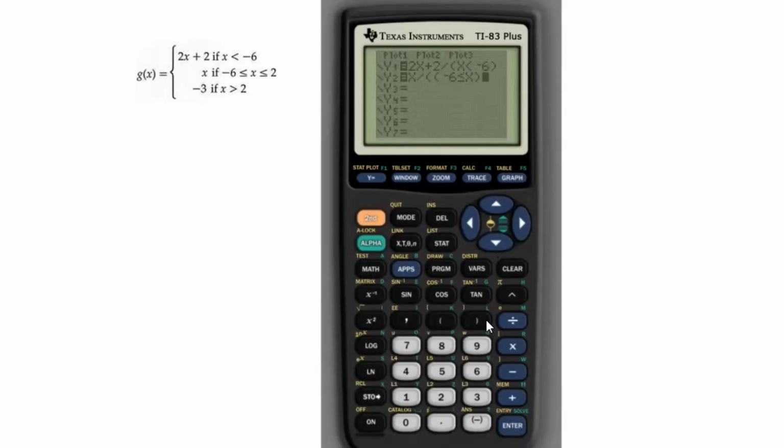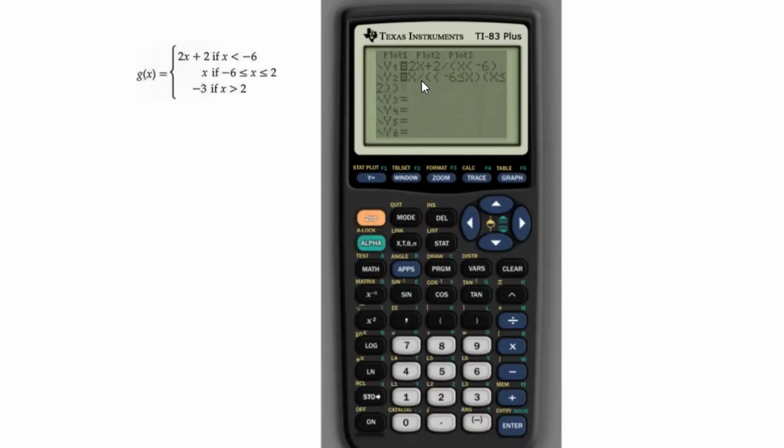So this is one particular inequality, but we're going to actually multiply this by another inequality. So let's put open parentheses, and let's put x, and then let's go to second, test, and put less than or equal to, and then 2. And we're going to close parentheses and close parentheses again.